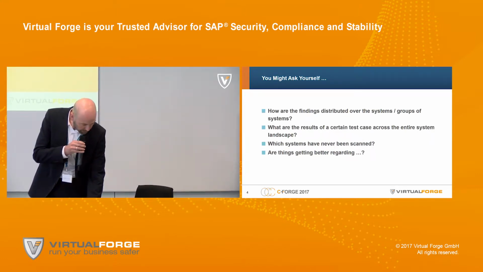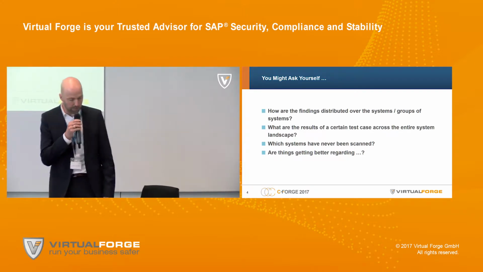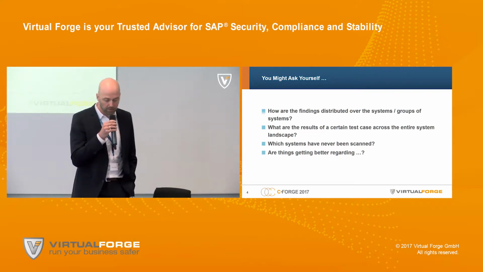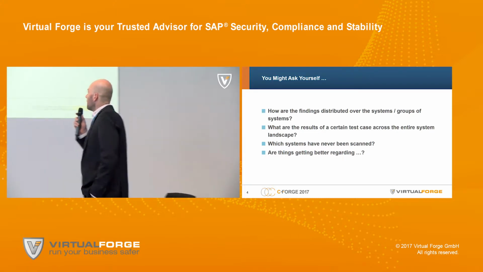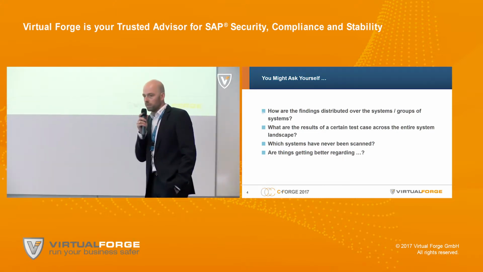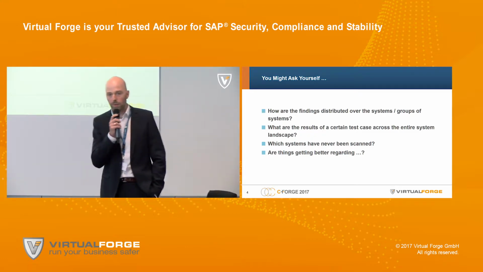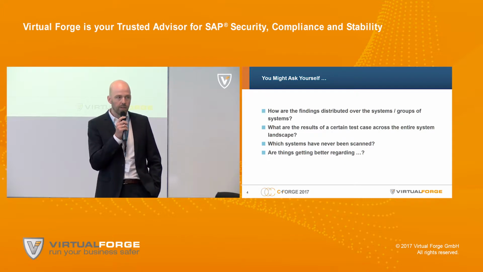Okay, so let's start with the motivation for the VirtualForge reporting dashboard. Here I pulled up a couple of questions. You might ask yourself: I have SystemProfiler in place, I have CodeProfiler in place, perhaps both of these tools, and you installed them across a huge landscape.